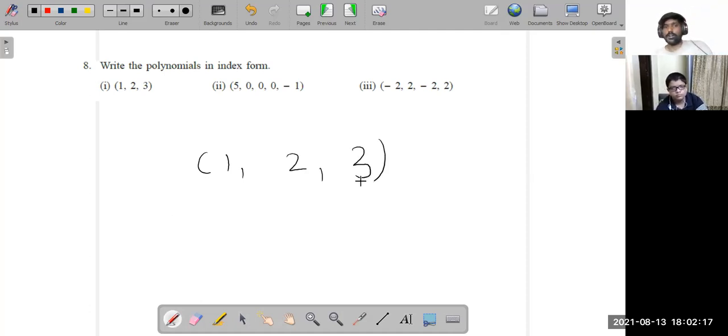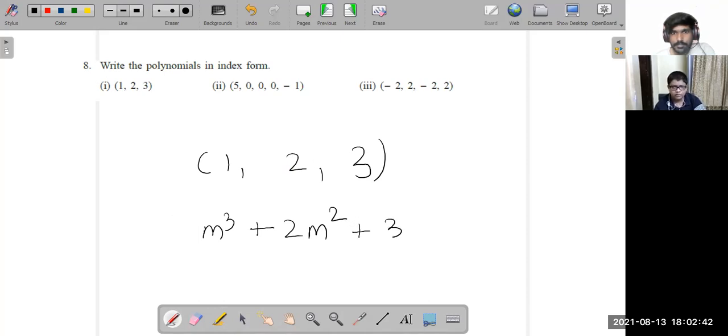Can you tell me how to go about doing it? 1 m cube, 2 m square. Should I put plus 2m square or minus 2m square? Plus.